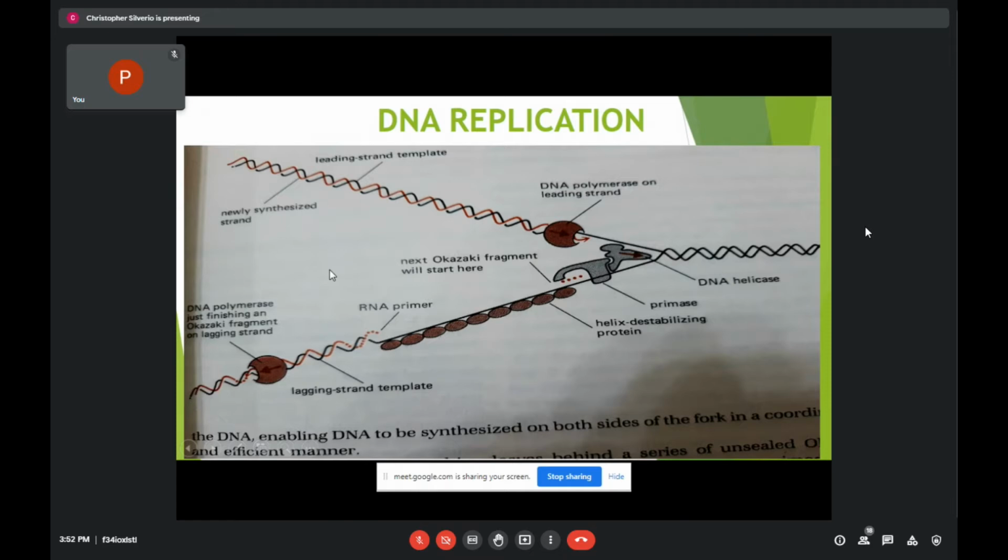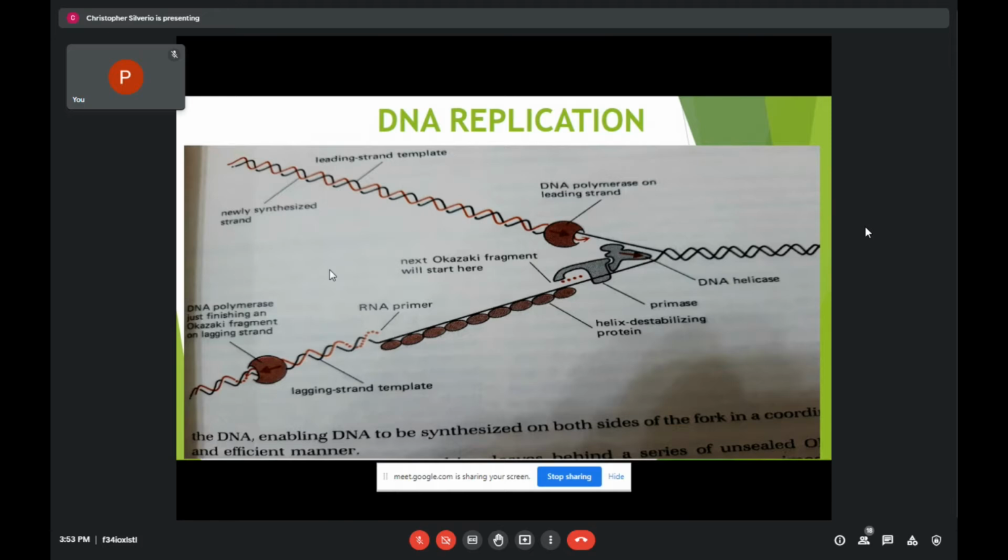Well, what I mean by relaxed, you know, the DNA is tightly coiled and it has to be relaxed. In order that the DNA will be relaxed, it needs an enzyme.